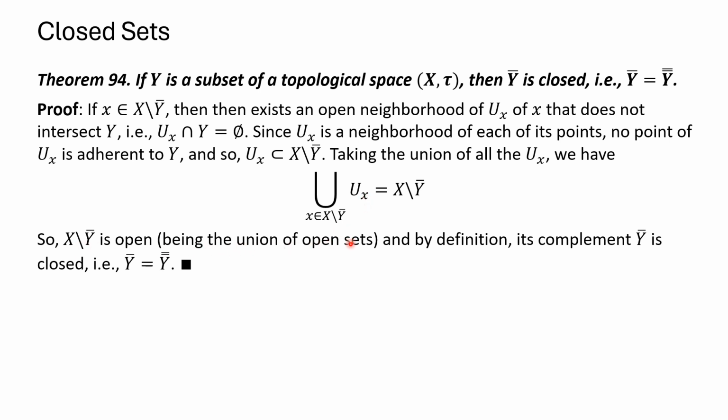That's from the definition of a topology. And by definition, its complement, the closure of Y, is closed. So in other words, if the closure of Y is closed, then it equals its closure, which is this double bar, Y double bar.